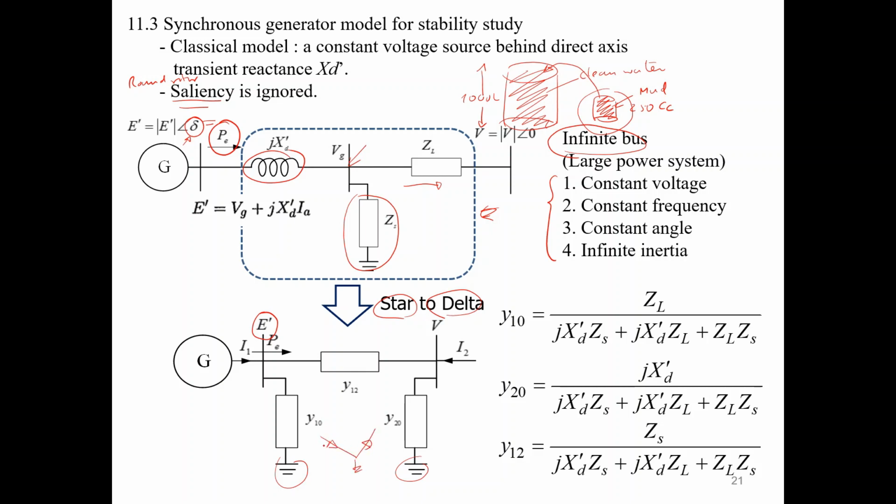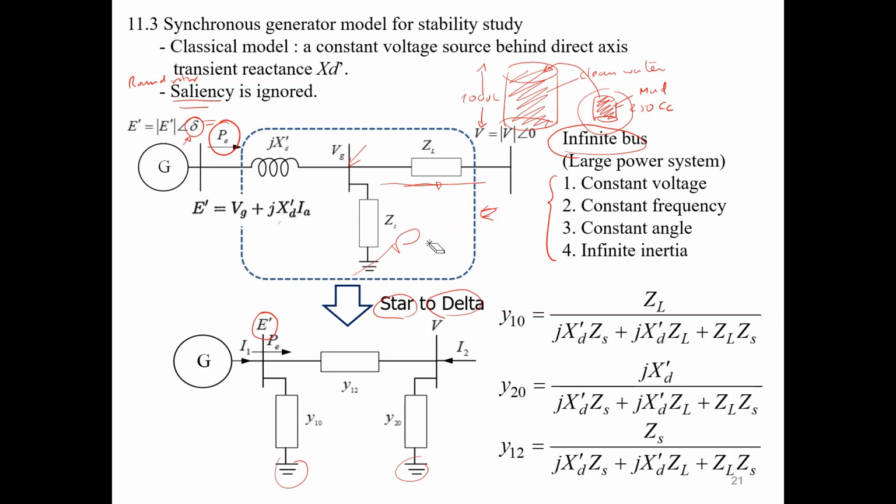This is the delta. It's very simple: we transform star to delta, by the approach we learned already. In this case, we want to have star to delta like this, so we have the transformation like this. I hope you can do this one yourself.